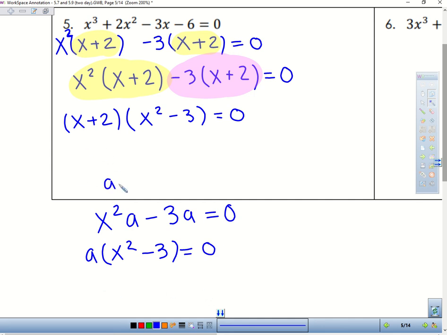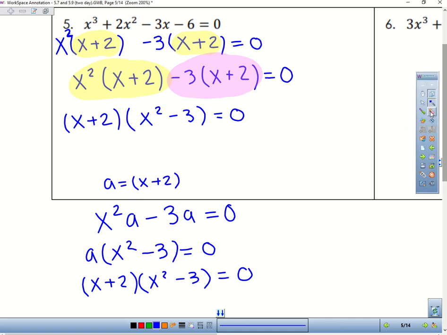You said earlier we set a to be equal to this, right? Oh, yeah, right. I'm confused. You just factored it out. It just looks different than what you're used to factoring out. I got it now, thank you. Okay, you're welcome.